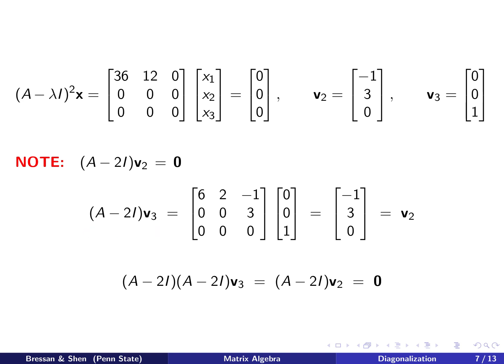Well, we can carry out this calculation. This one here is A minus 2I, and times V3, which we have here. We carry out this calculation, matrix times vector, and we get negative 1, 3, 0. And we see that that's exactly V2. So actually these two eigenvectors are connected in this way.